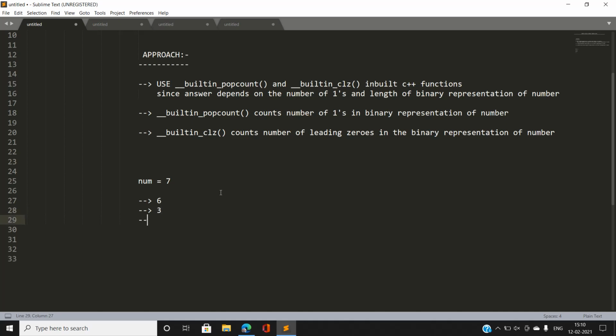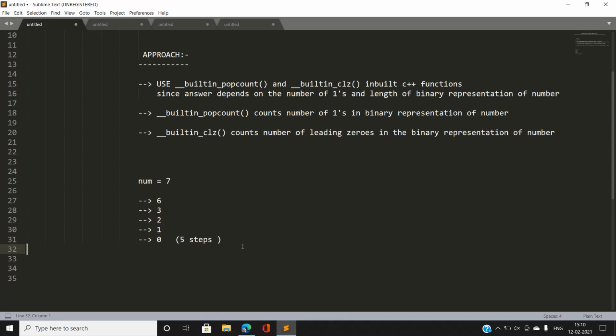Again we have 3, which is odd, so we reduce it by 1 and it becomes 2. Then it is even again, so I divide it by 2, which gives 1. Again this is an odd number, so I reduce it by 1 and it becomes 0. As you can see, the number of steps is 1, 2, 3, 4, 5. So to reduce 7 to exactly 0, it requires 5 steps. This is our answer.